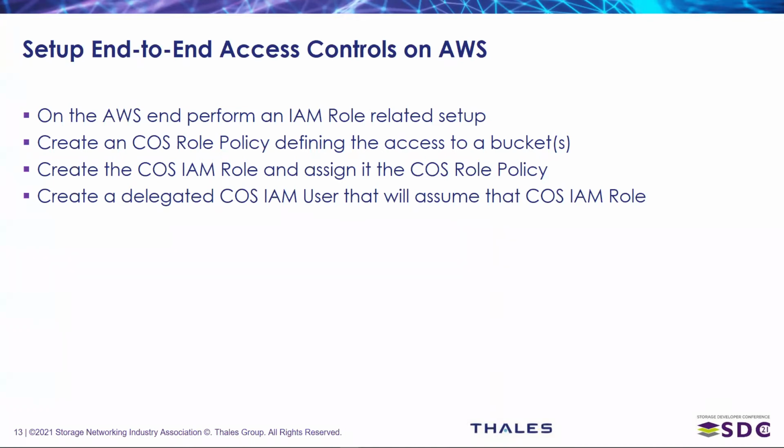I'll show some JSON example after this. Then create the IAM role and assign it the role policy. And then finally, you need to create the IAM user that will be able to assume the IAM role. And basically that's it. It's a pretty standard AWS IAM configuration, at least from a high level.